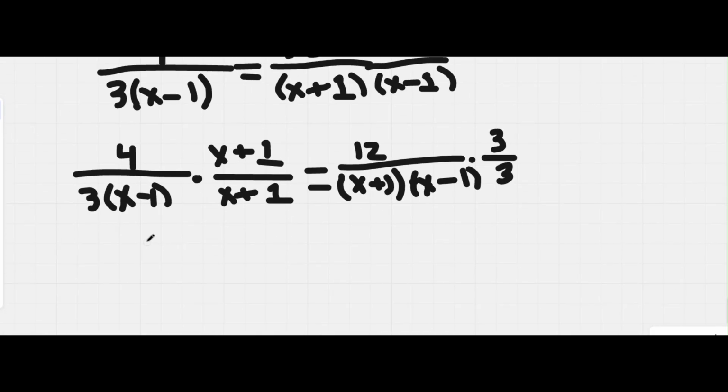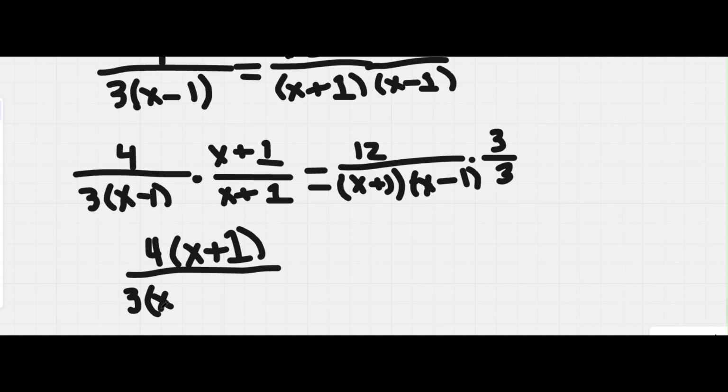Which is going to give us 4 times x minus 1 over 3 times x minus 1 times x plus 1.